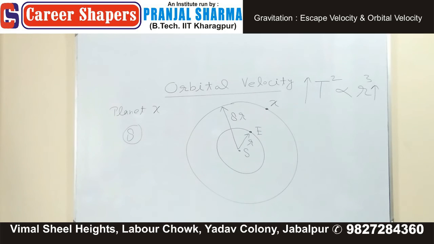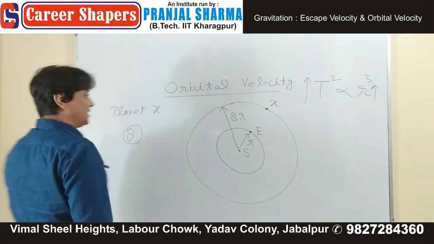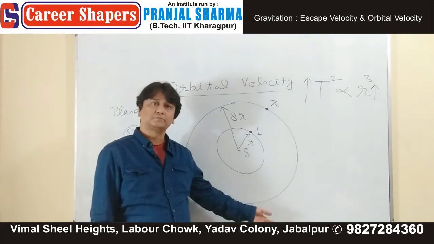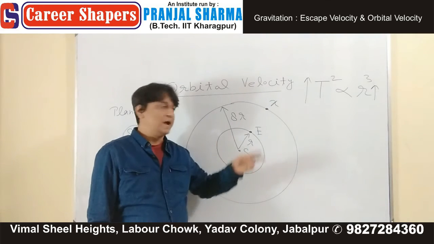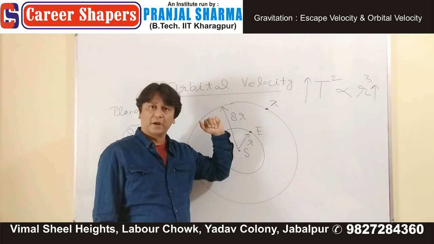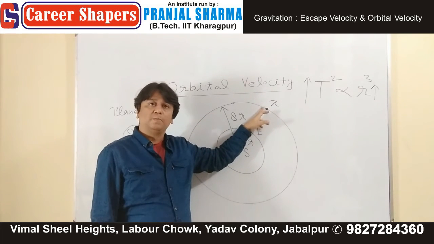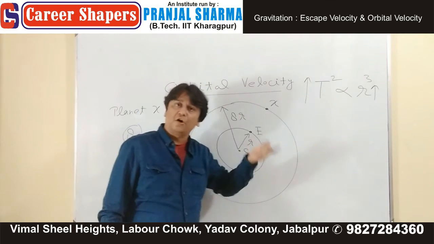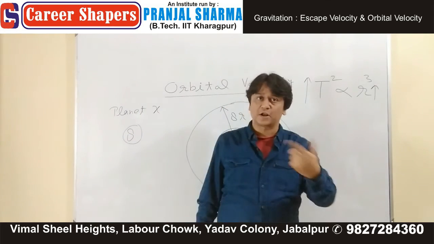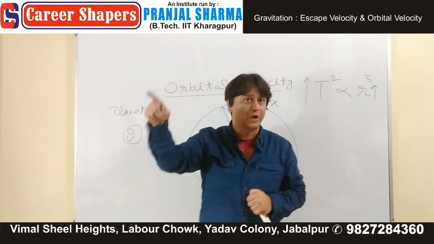So it looks like the question is a bit difficult, but it is not. So when I ask you what is the duration of a year over here for this planet X, the meaning of 1 year for us is the time in which Earth completes one full rotation.